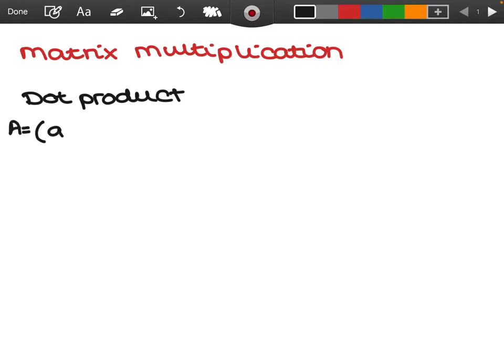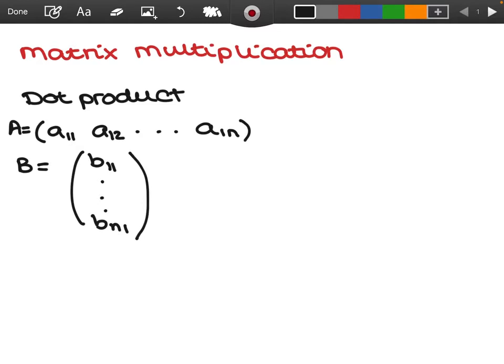So a dot product, let's say we've got this row matrix, I'm going to call it A, and its entries, it can have n entries, so I've got n columns, but just one row. And I'm going to call my matrix B this column.